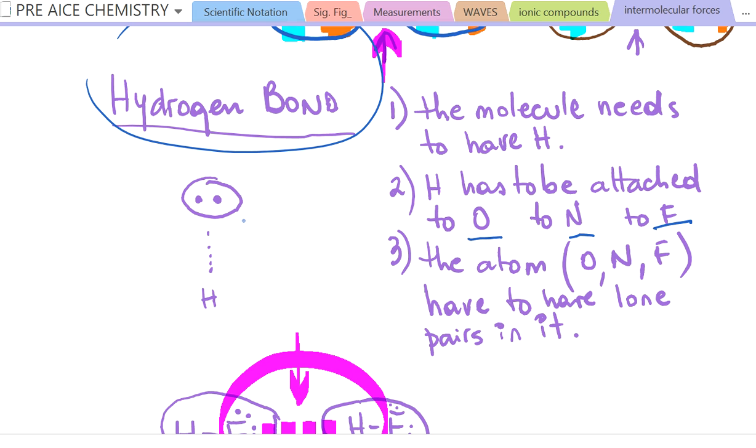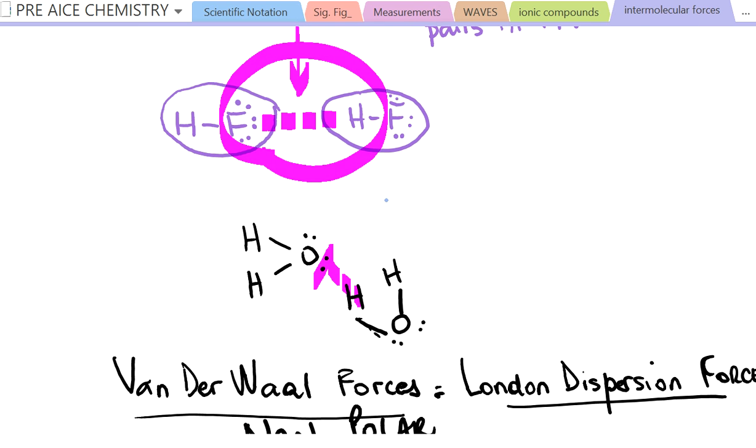And it's always happening between the lone pairs in one molecule with the hydrogen in another molecule. The most specific case is hydrogen fluoride or water or even ammonia.